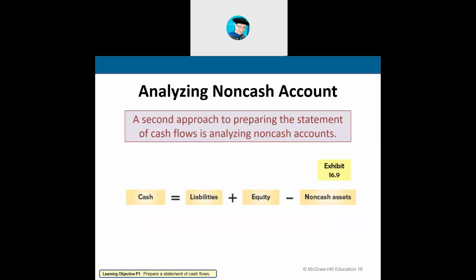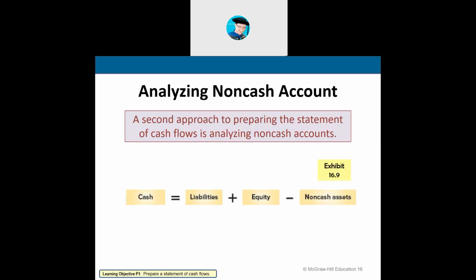And there's another approach to understanding how to prepare the statement of cash flows, and that's by analyzing the non-cash accounts. So it's basically like saying, how do I know what happened with my cash, right? Like if I wasn't properly tracking my transactions, how do I know how much cash I got?